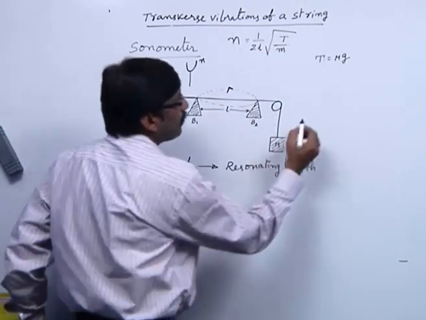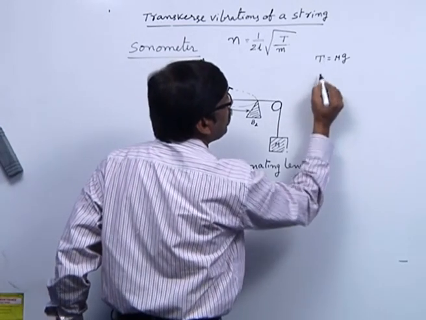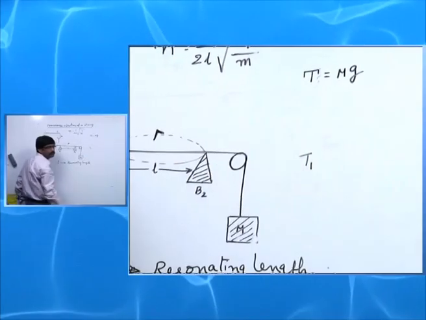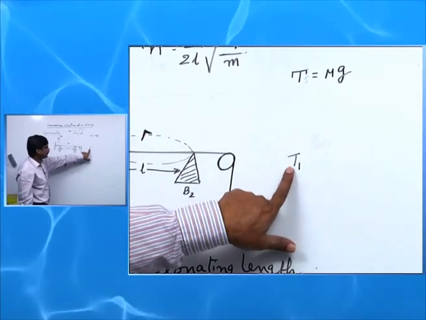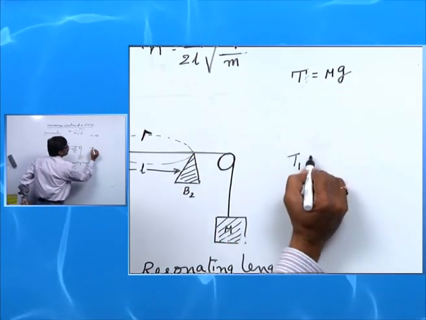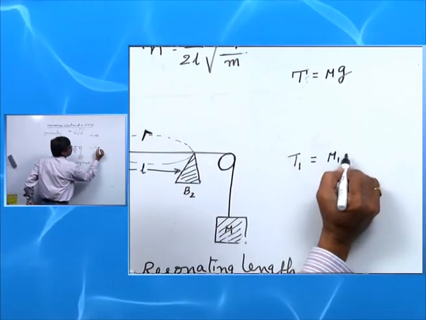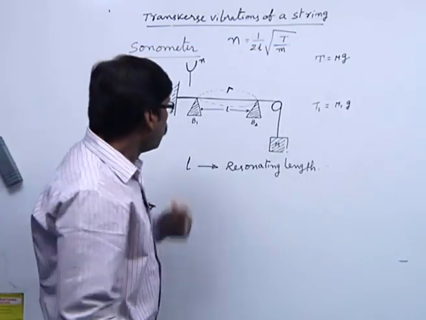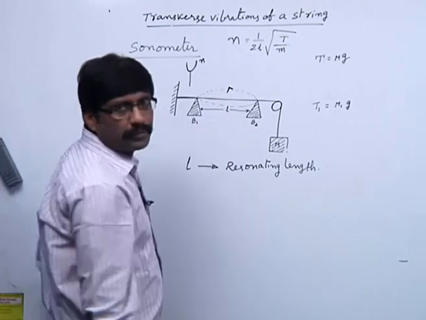Let us say T is equal to mg. Let T1 be the tension in the string, that is M1g. Again do the same experiment.